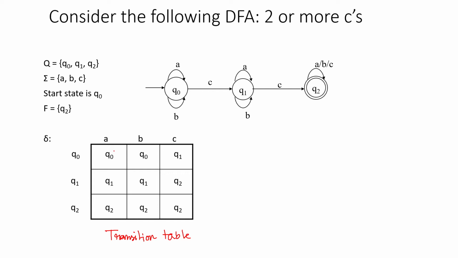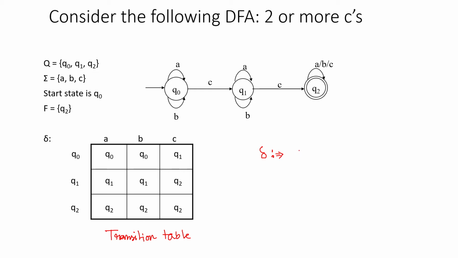Now if I want to do the same thing with the NFA, obviously the architecture of the machine will not change. But from the NFA point of view, you know that the transition function for an NFA, we have already seen, is something like: delta is what?